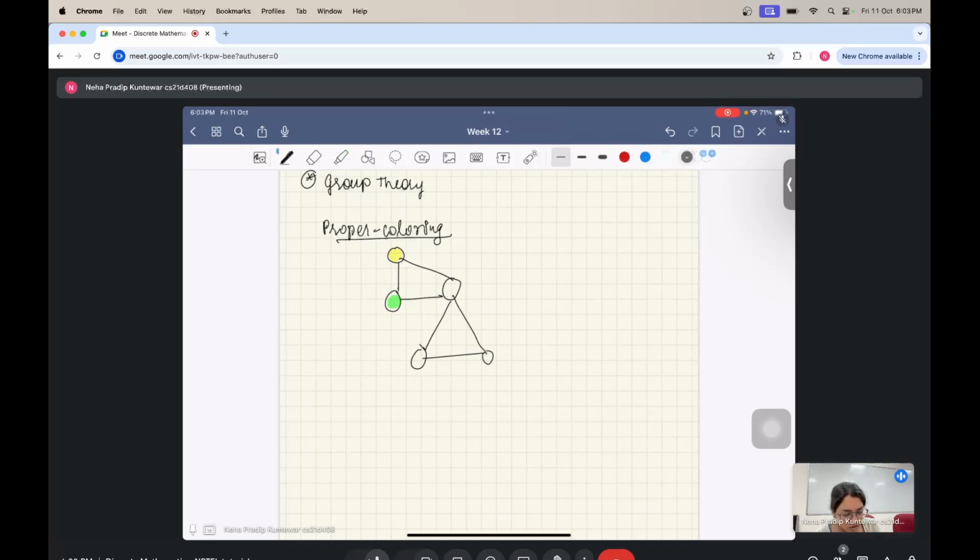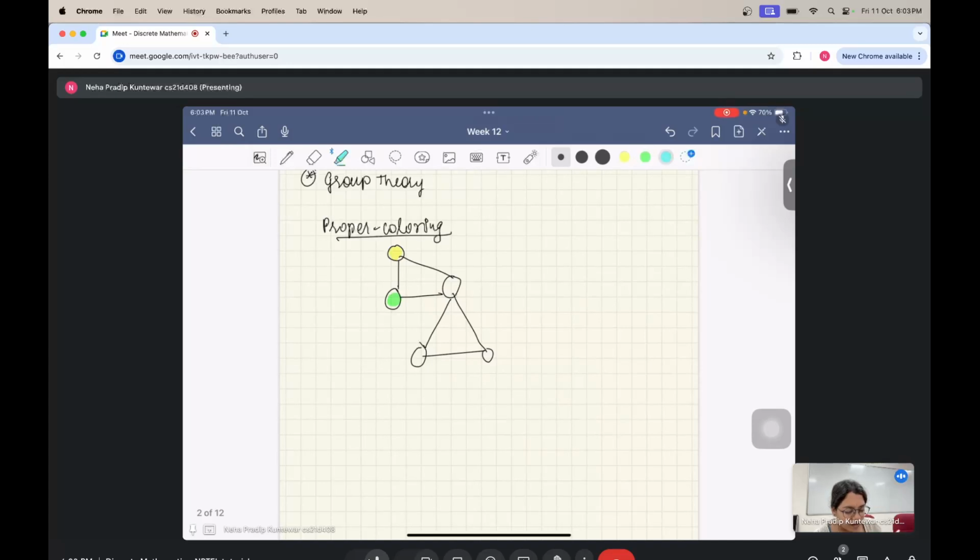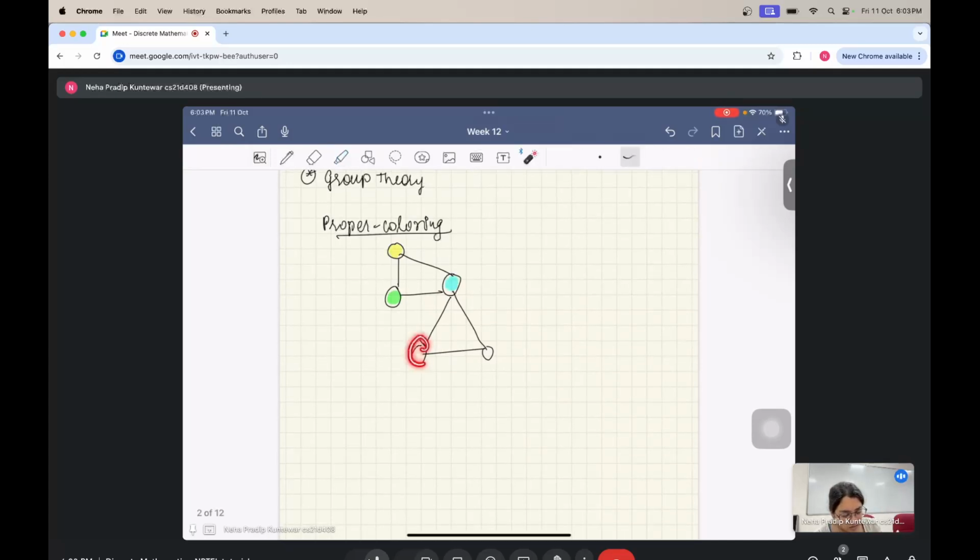Now I try to color this vertex. Notice that this is adjacent to yellow as well as green, so this has to get a color which is different from both yellow and green. So I pick the next color and I color it with that. Now I look at this vertex. It cannot get the color blue, but it can surely get anything other than blue. So I'll try to reuse the colors because I want to color this with as few colors as possible.